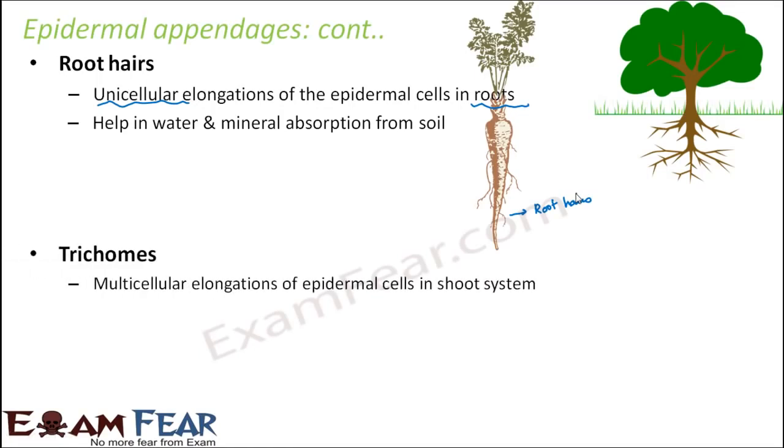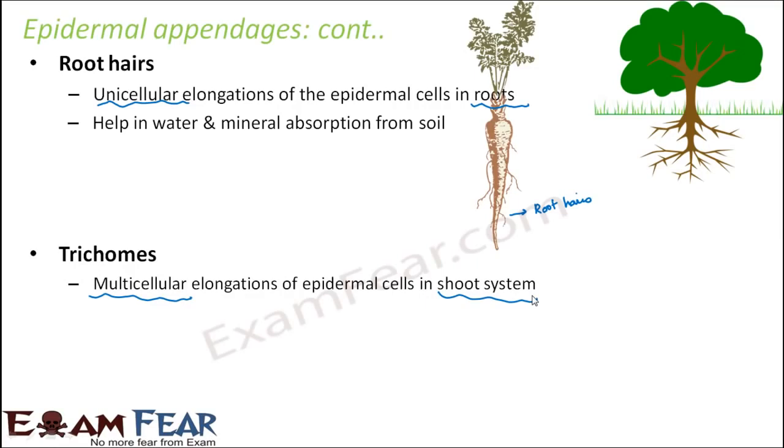Next one is trichomes. Trichomes are multicellular elongations of epidermal cells in the shoot system. So they are multicellular and they are part of the shoot system. When we say shoot system, it includes stem, branches, leaves, flowers, everything. Now these trichomes can be branched or unbranched.